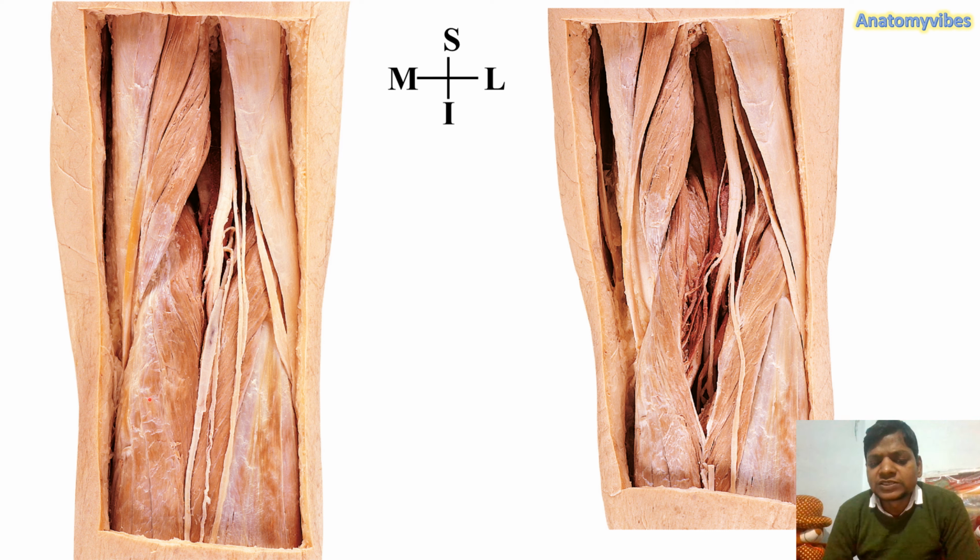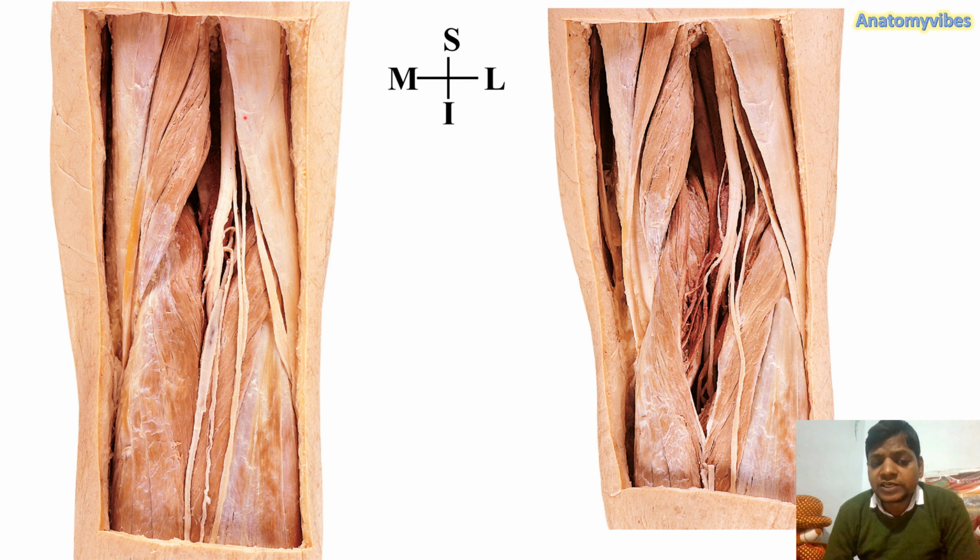Below you can see one big muscle having two bellies. So this is gastrocnemius muscle having lateral and medial heads. So we have four boundaries here: superolateral, superomedial, inferolateral, inferomedial.